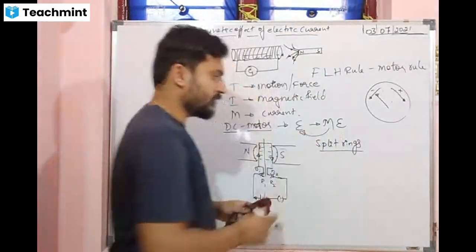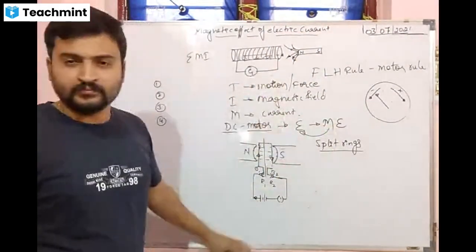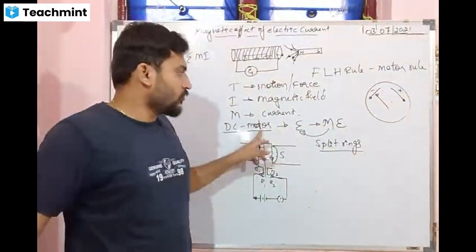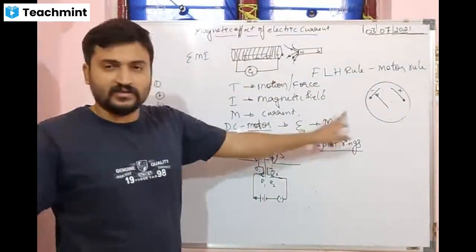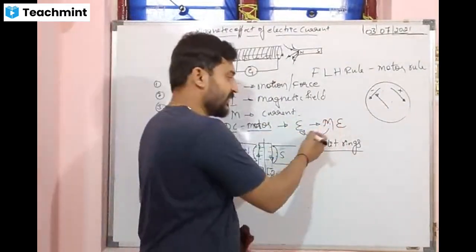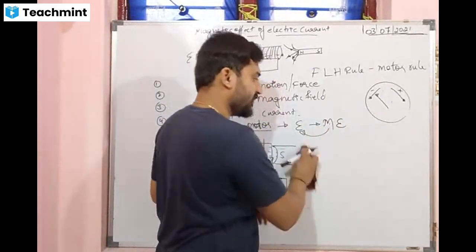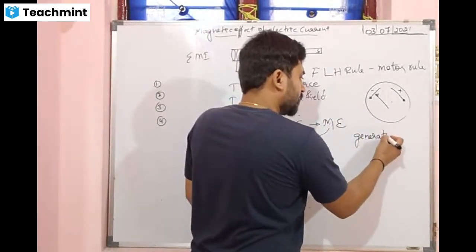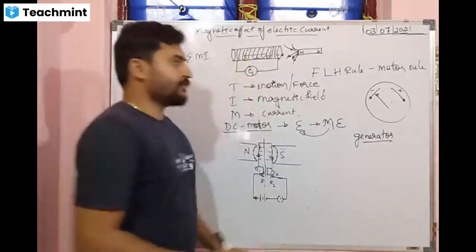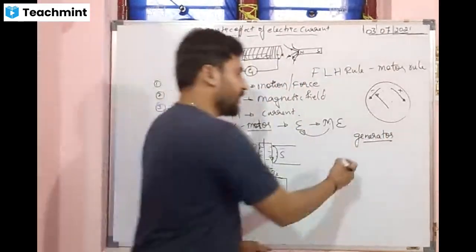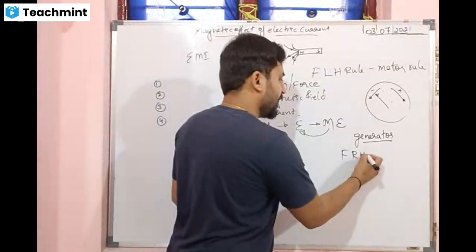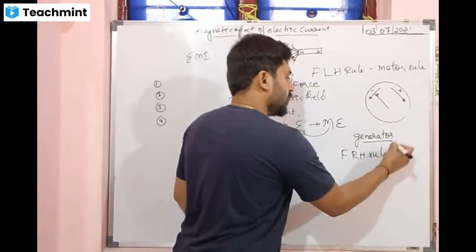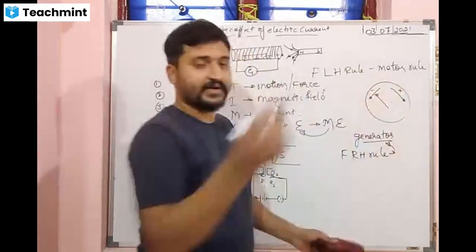We have a motor, which is electric energy to mechanical energy. Now mechanical energy to electrical energy is a generator, which can be expressed with the help of Fleming's right hand rule, also called the generator rule.